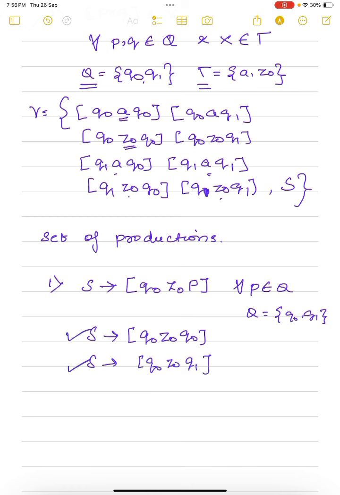We include these start symbol productions if we have a set of states like this. This is just an example. So this is our first rule.